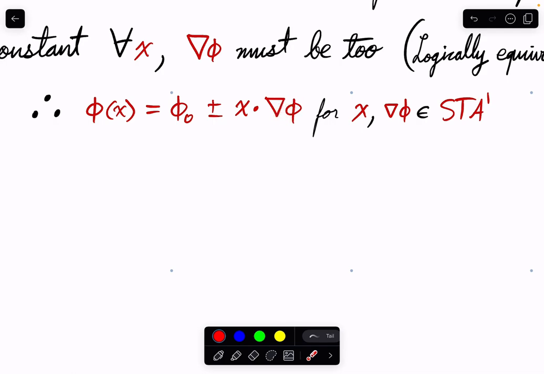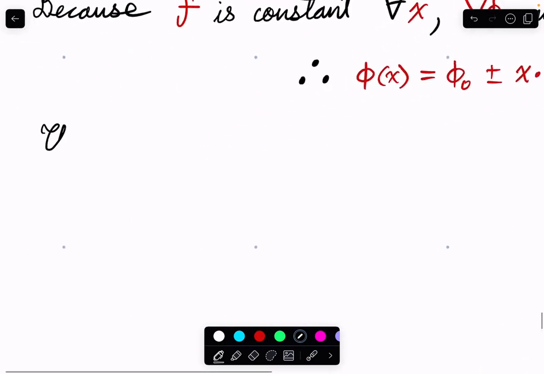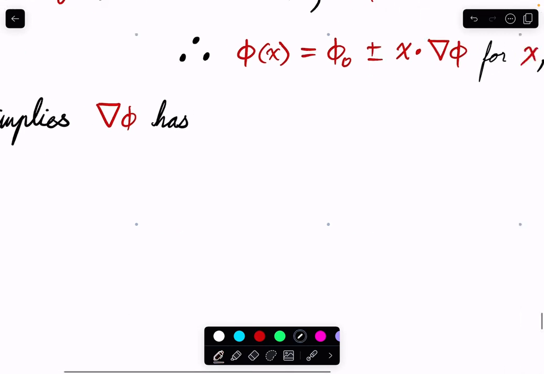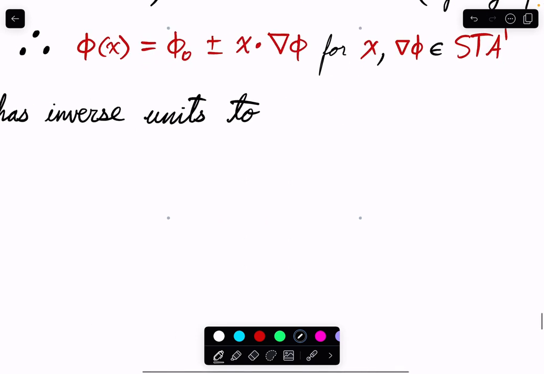And this implies that the gradient of phi has inverse units to x.